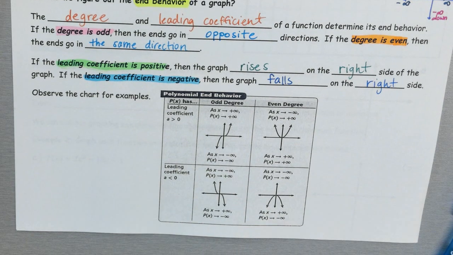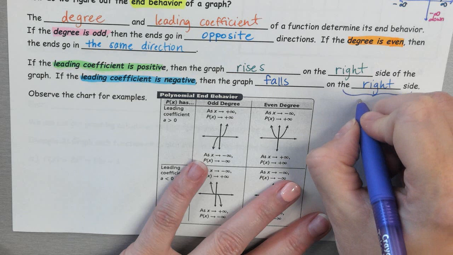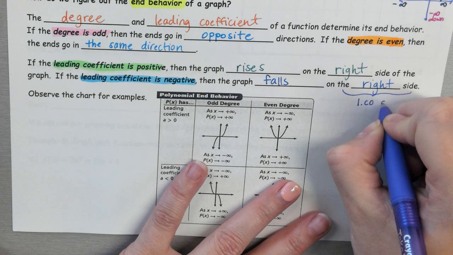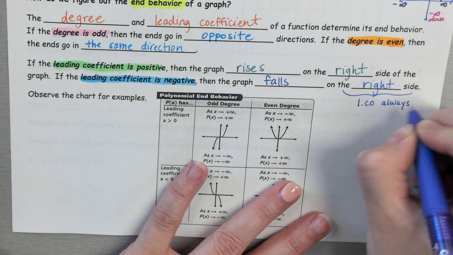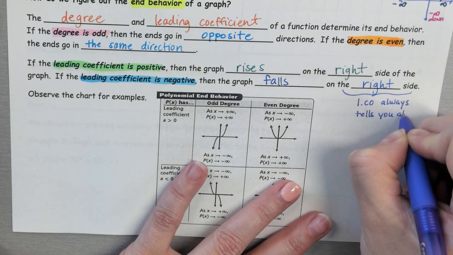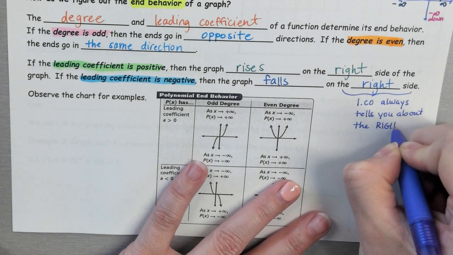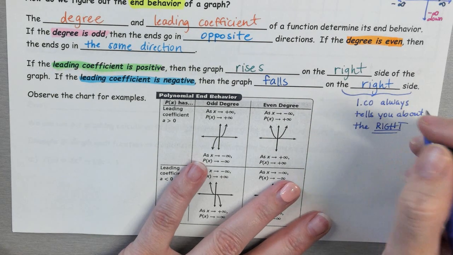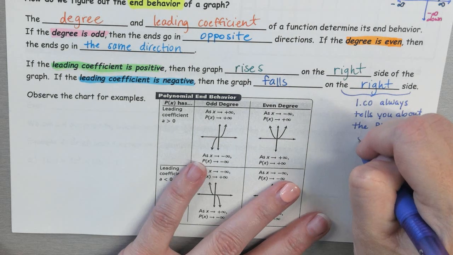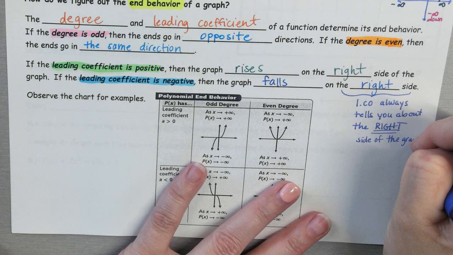One thing I want you to notice here is that the leading coefficient always tells you about the right side. That doesn't change.